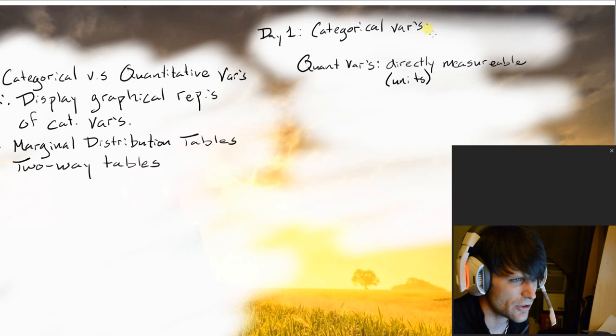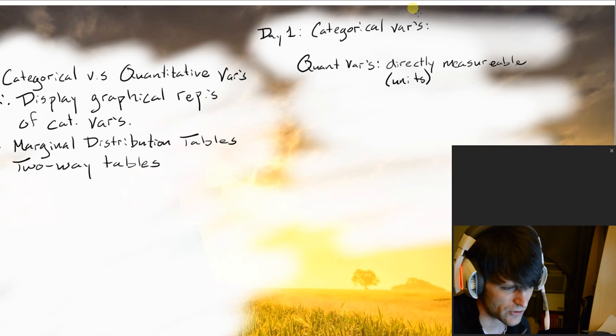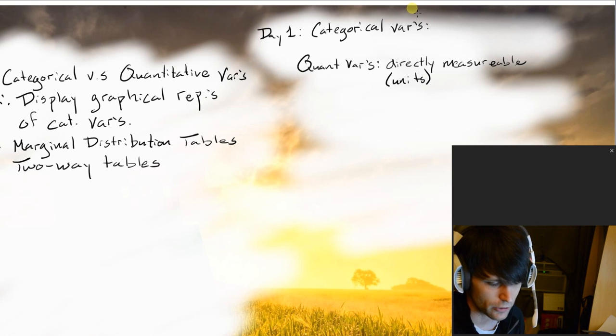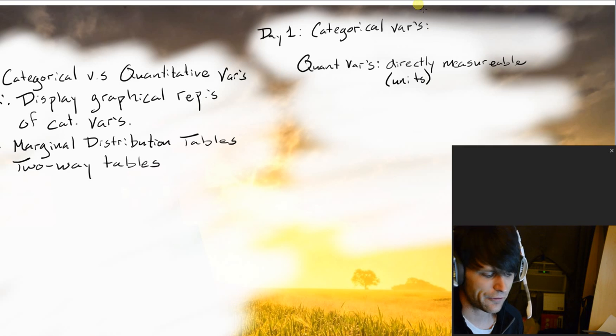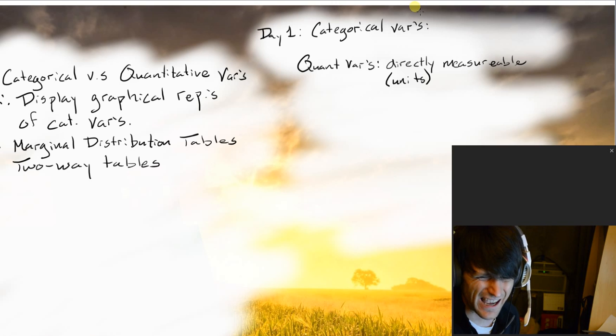I hesitate to use the word subjective, but quite frankly, they're things that you cannot ascribe units to. The results are not something that you can measure a quantity of. For instance, if I ask you how much you like ice cream, we might say on a scale from 1 to 10. But then again, I have to take your word at it.